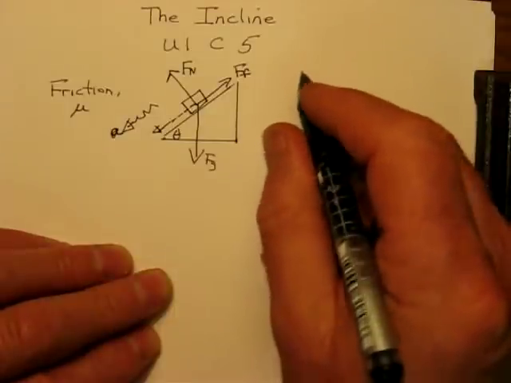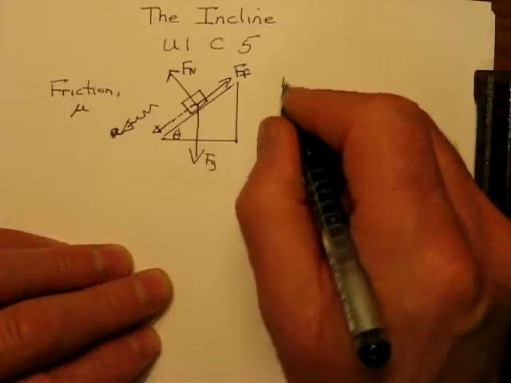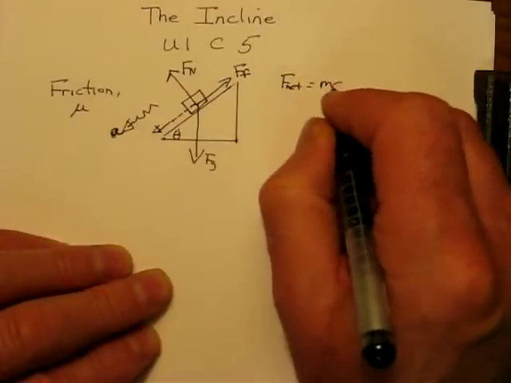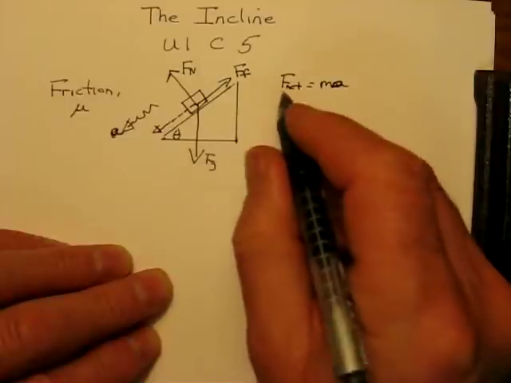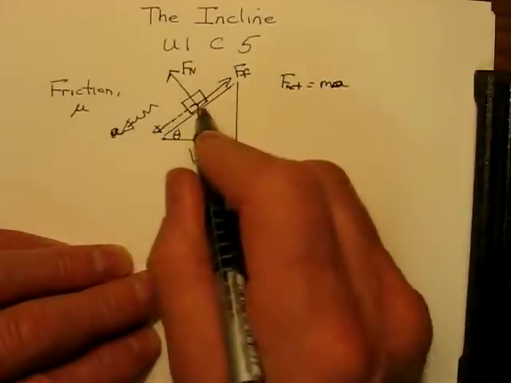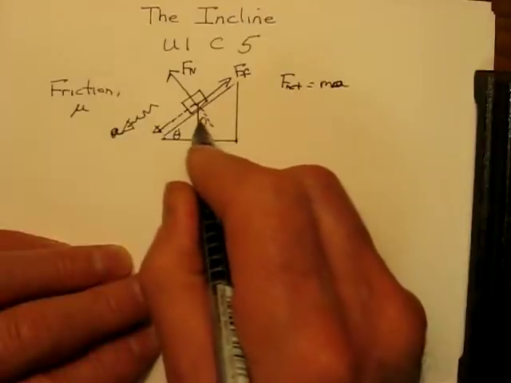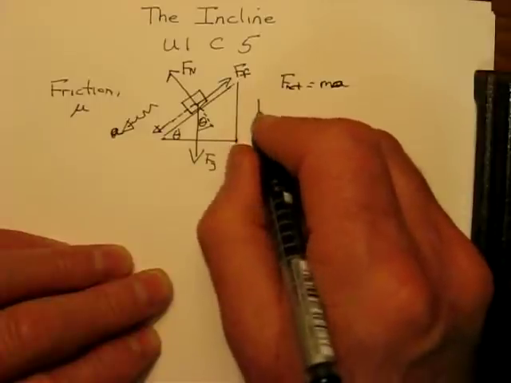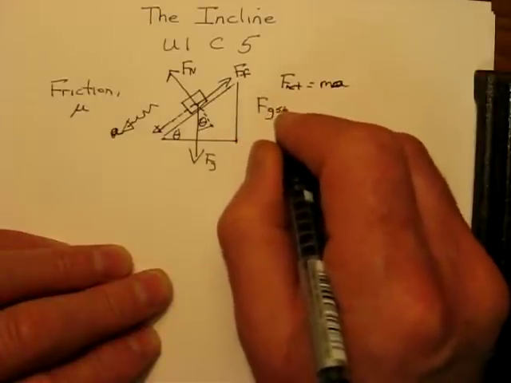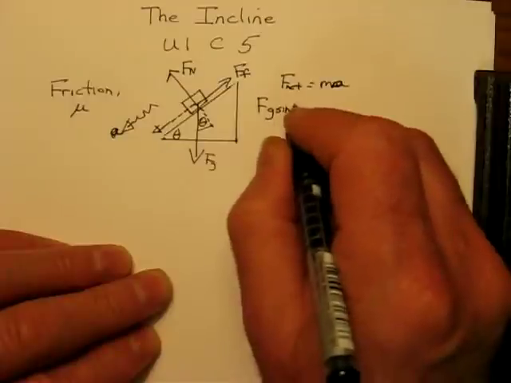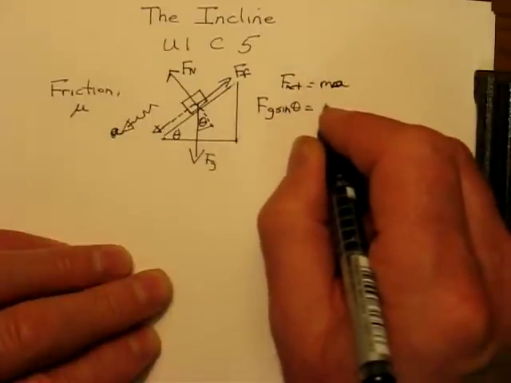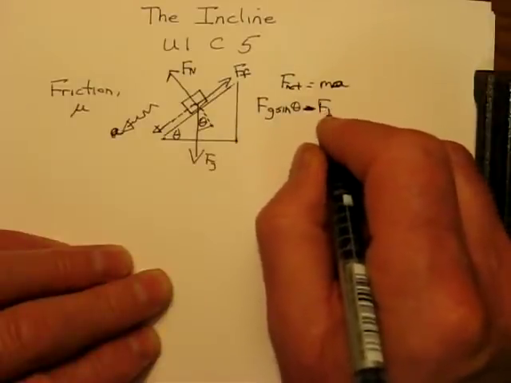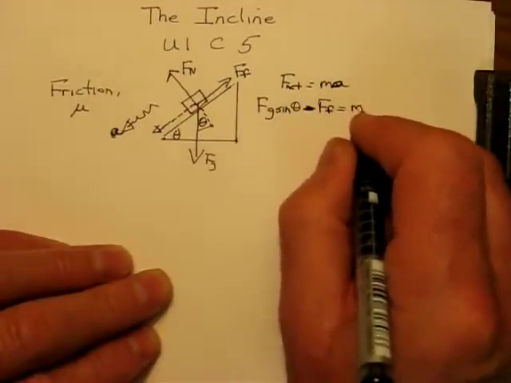Well, let's substitute that into Newton's second law, which is F net equals ma. And we will have this component here, which is away from this angle here, theta. Remember, that's theta. That component there is Fg sine theta, minus, we must not forget, the friction, because it is also there, equals ma.